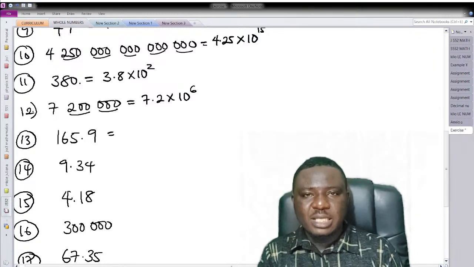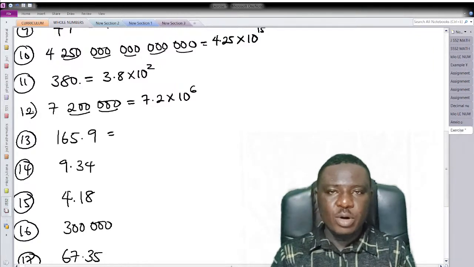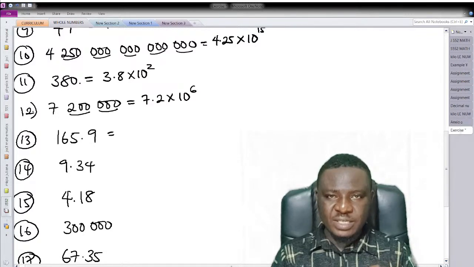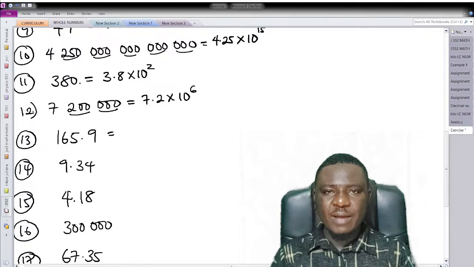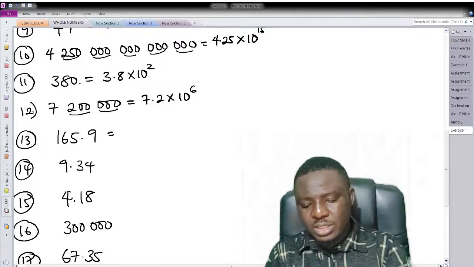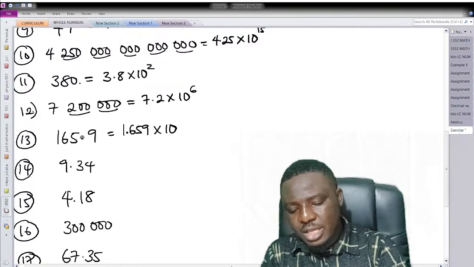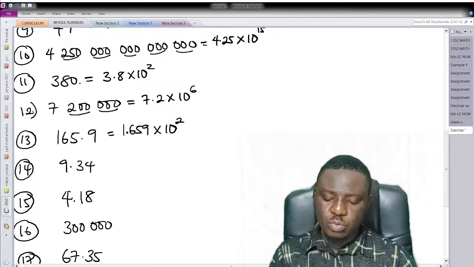Remember, I said you have to move the decimal point until it falls behind the first digit, and the number of times you move it determines the power of 10. So this is going to be 1.659 times 10 raised to the power of, how many times will it be moved? 2 times. So times 10 raised to the power of 2.